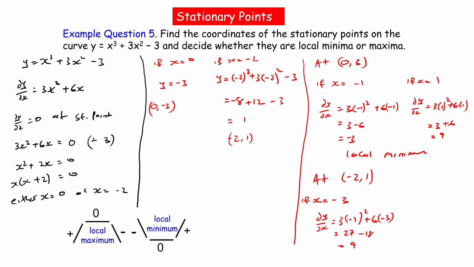And just after minus 2, we've already done that, minus 1. So if x equals minus 1, then dy by dx is equal to minus 3, which is negative. So going from positive to negative, which is a local maximum. Okay, so hit pause, make some notes on this question, and once you're done that, we'll move on again.